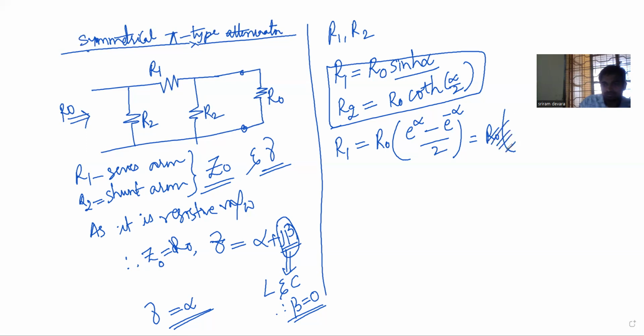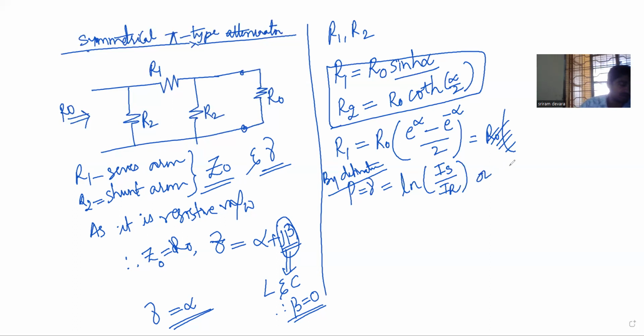Further, by the definition of propagation constant, gamma is the natural logarithm of the input current Is divided by the output current IR of the attenuator. So e power gamma is equal to Is by IR.